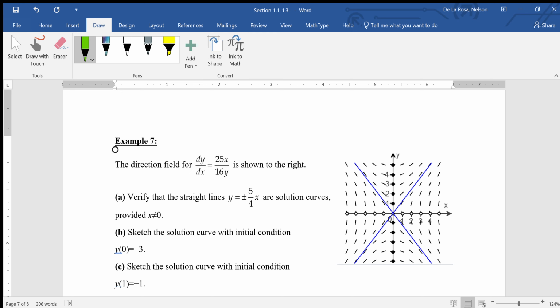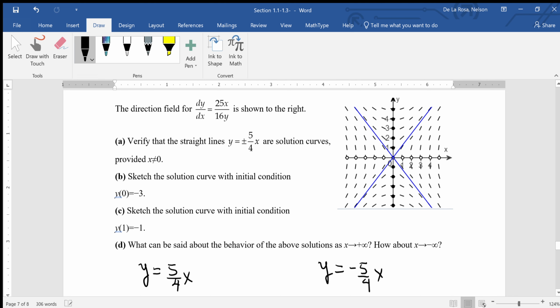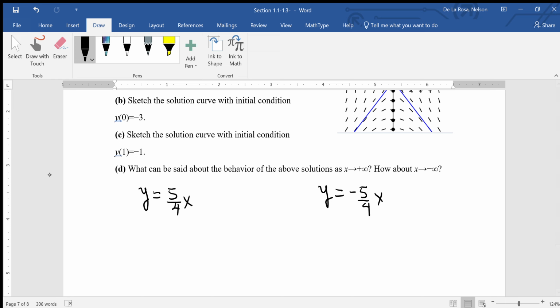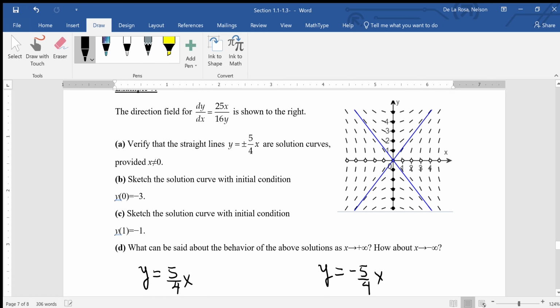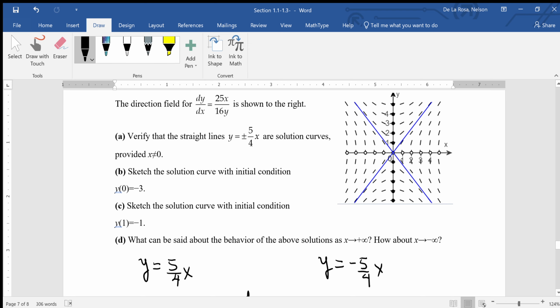Well, okay, we have to prove that this equation, or this one, solves the differential equation, given that the differential equation is dy/dx equals 25x over 16y, right?